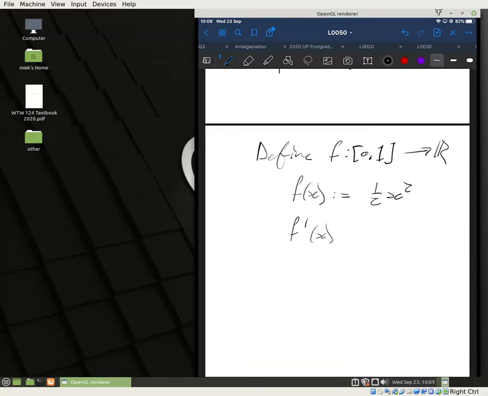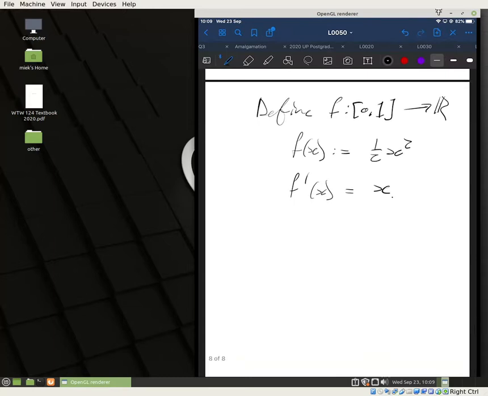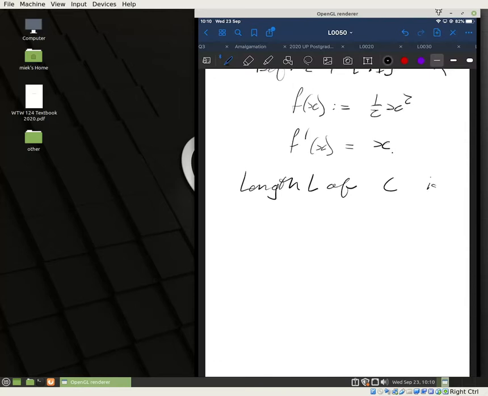The derivative of f is then x, and so the length, let's say the length L of C, is as follows. The length L of C is the integral from 0 to 1 of the square root of 1 plus the square of the derivative of f, so x squared, dx.